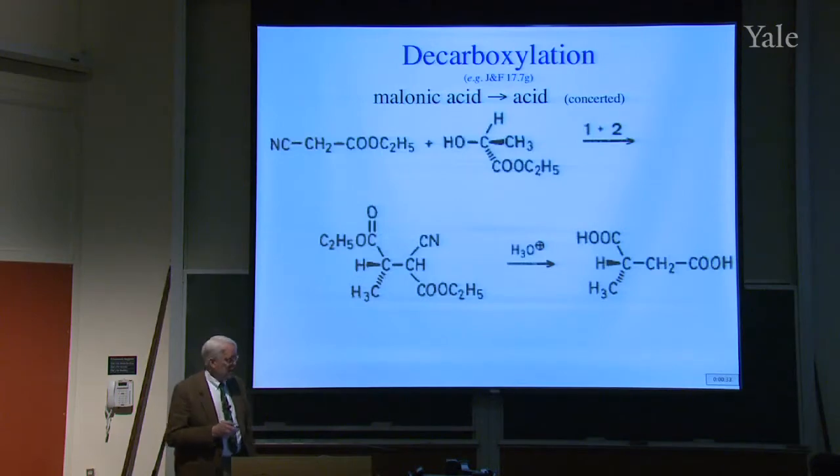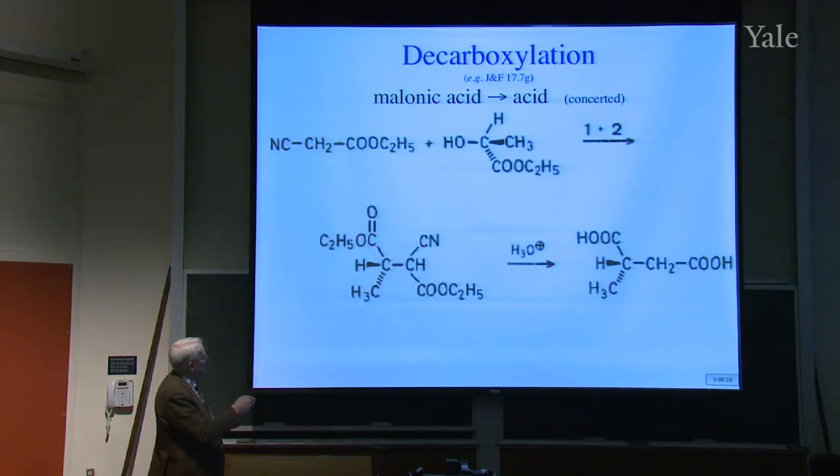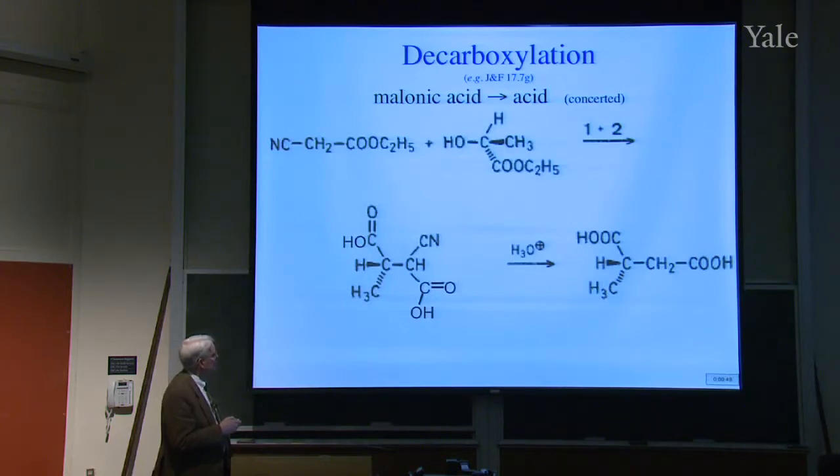Now remember, first he got this compound by forming that carbon-carbon bond. And it has 2 esters and a CN triple bond. But we said that it was possible to convert the ester into an acid. We'll talk about this a little bit more. And the other ester into an acid. And the cyanide also, the nitrile group, into an acid.